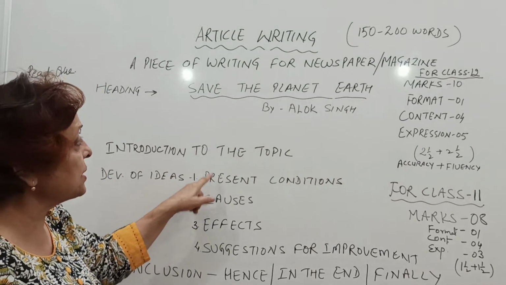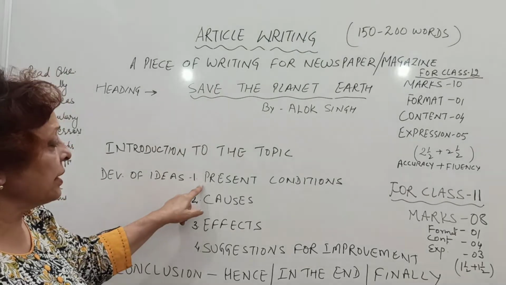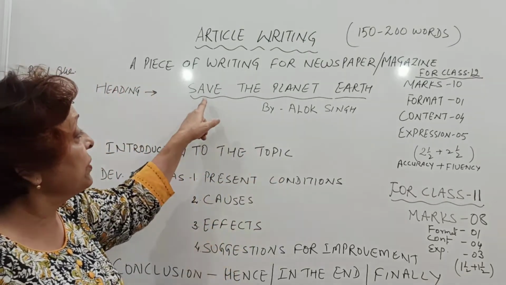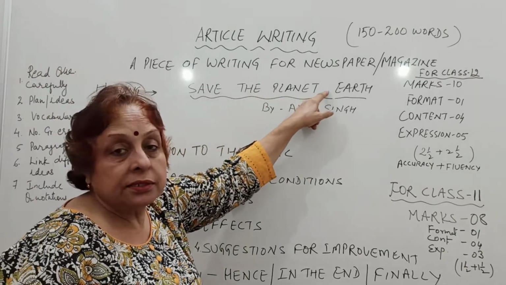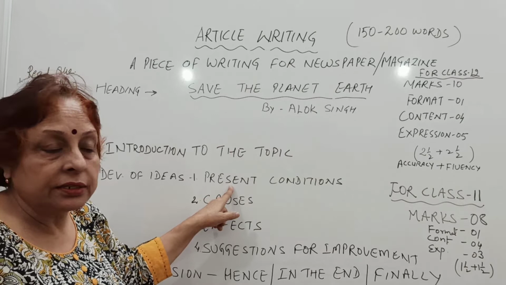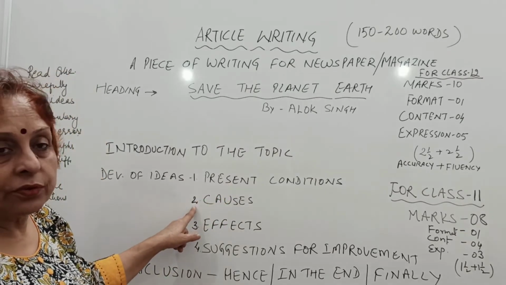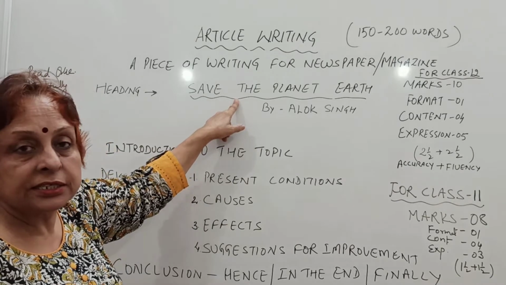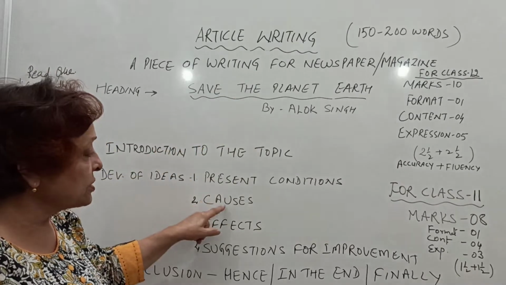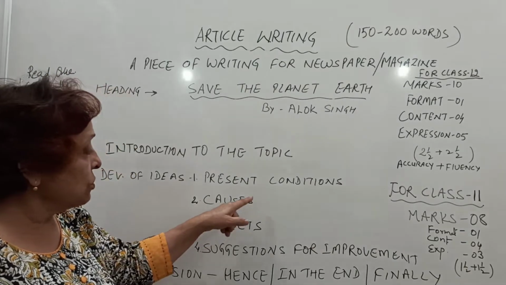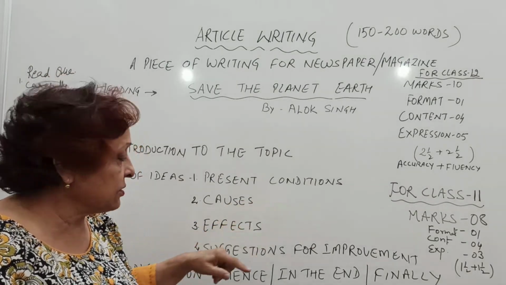For this topic, we can write the first paragraph about present conditions, why we need to save the planet Earth. We can talk about the deteriorating conditions of the Earth. Second paragraph, we can write about the causes, why the condition of the planet Earth is deteriorating, maybe because of pollution, unlimited use of resources, cutting of trees, etc.